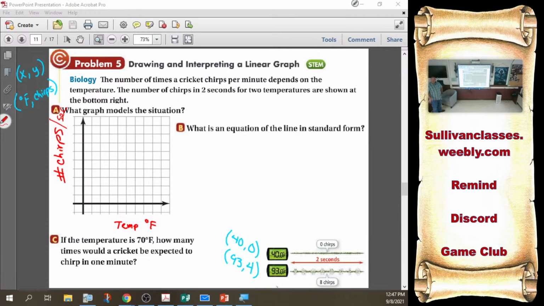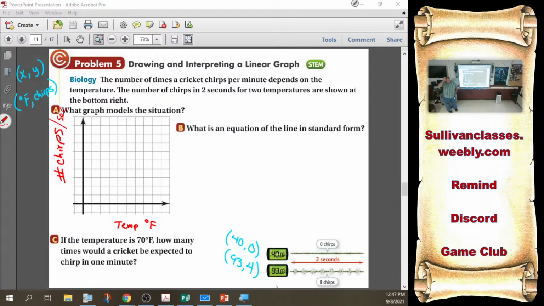The temperature hasn't changed. I'm saying 93 degrees. Do I want to say there's 8 chirps per 2 seconds? Well, 8 chirps per 2 seconds, you're going to end up reducing it anyway, right? So let's just get it out of the way now.